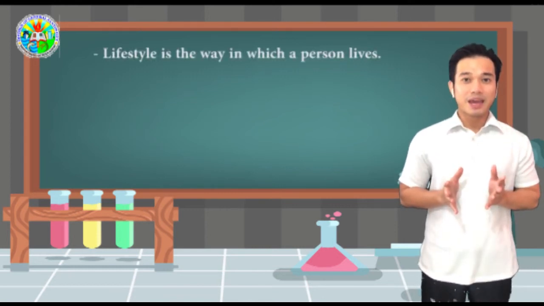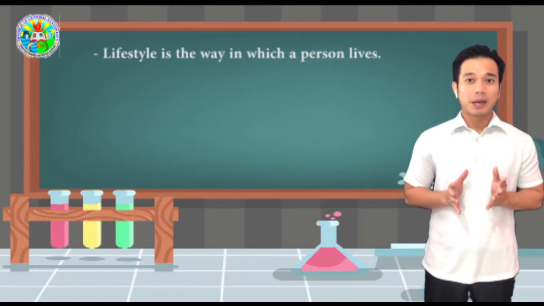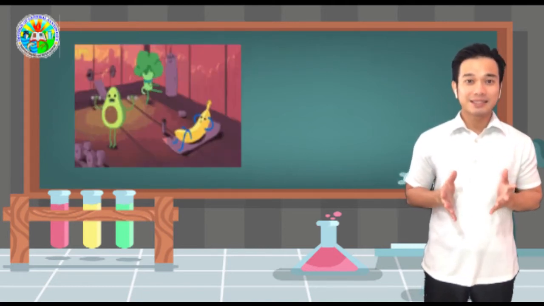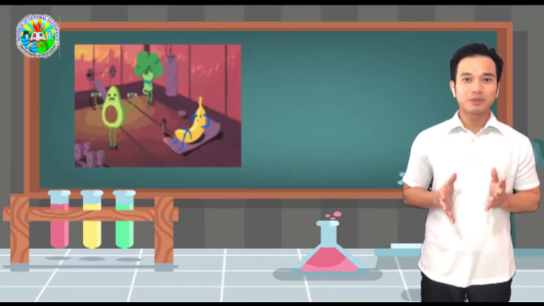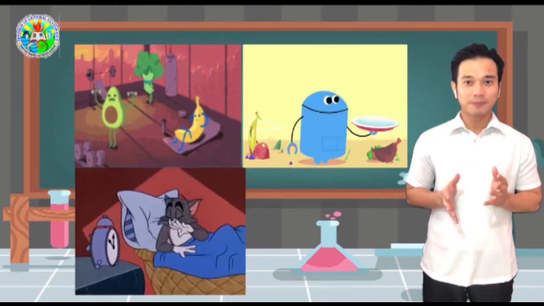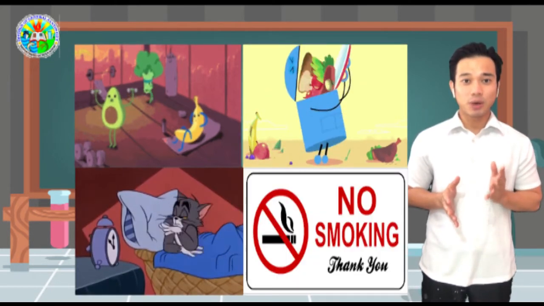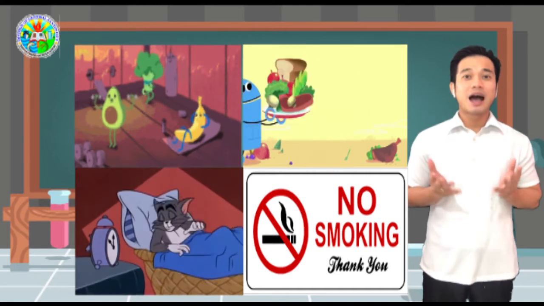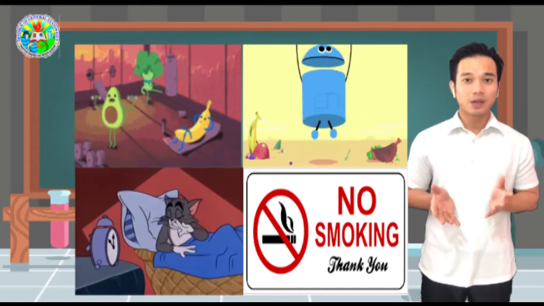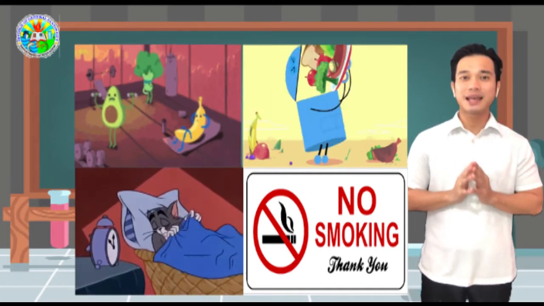Lifestyle is the way in which a person lives. People doing daily exercise, eating fruits and vegetables and a balanced diet of meat, sleeping 6 to 8 hours at night, and avoiding cigarette smoking are people practicing a healthy lifestyle.